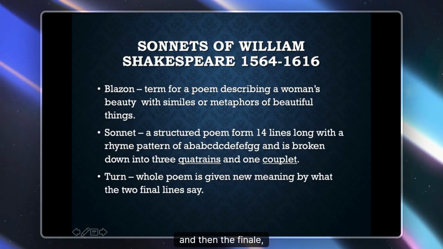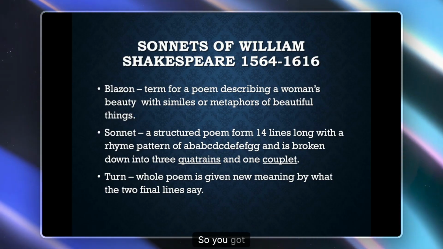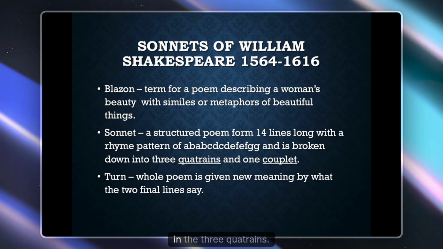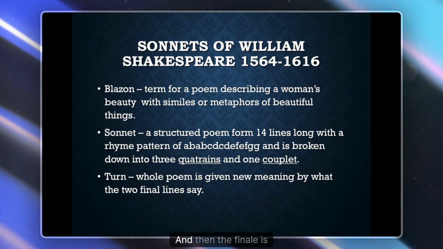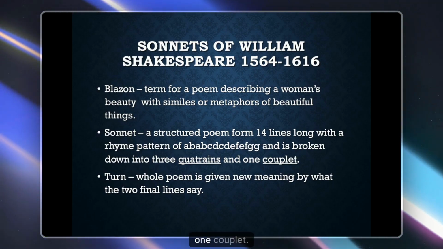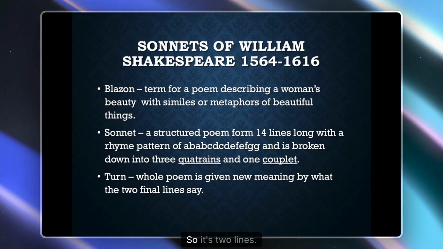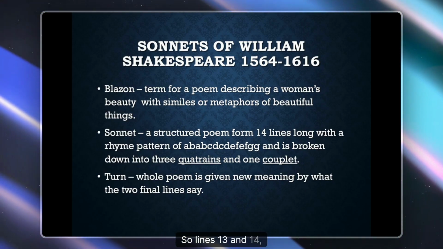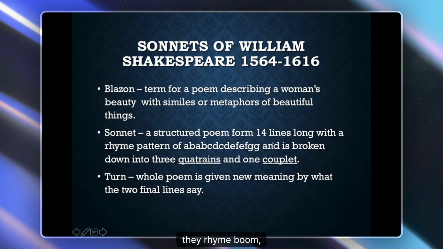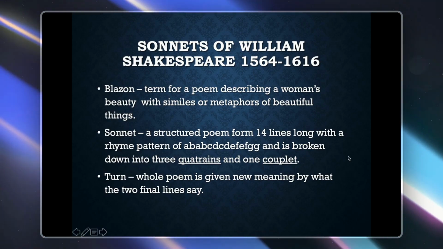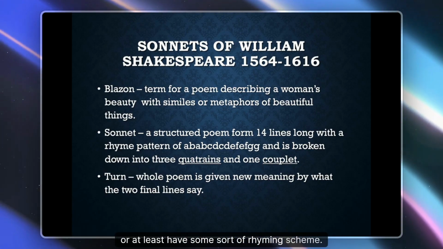And then the finale, so you got 4, 8, 12 in the 3 quatrains. And then the finale is 1 couplet. And a couplet, just like a couple, is 2. So it's 2 lines. So lines 13 and 14, GG. They rhyme, boom, boom, right next to each other. Or at least have some sort of rhyming scheme.